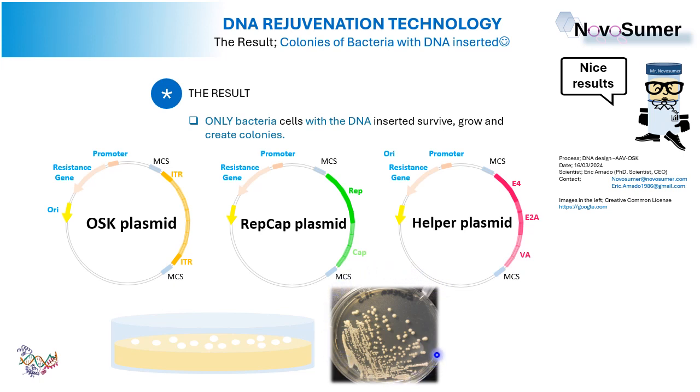Do you see the picture? Do you see these little dots? These little dots are colonies of bacteria, millions of bacteria in each colony. Here you have a representation of an agar plate with colonies on the surface. The colonies will grow on the surface.